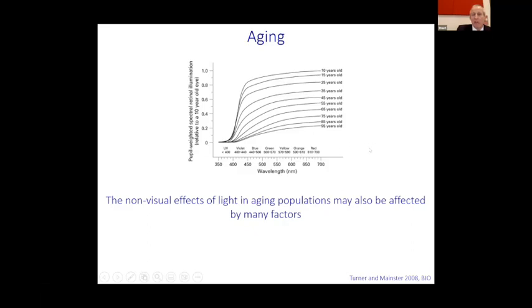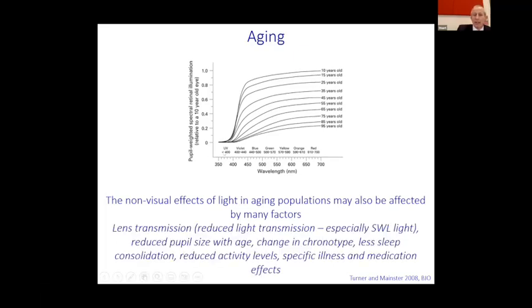There's a reduction in the total amount of light transmitted by the lens, and also a particular cut off at shorter wavelengths. There are many other factors as well. Pupil size is typically smaller with age. There can be changes in chronotype, less sleep consolidation, reduced activity levels, and there can also be specific illnesses and medication effects, which may all modify the responses to light interventions.